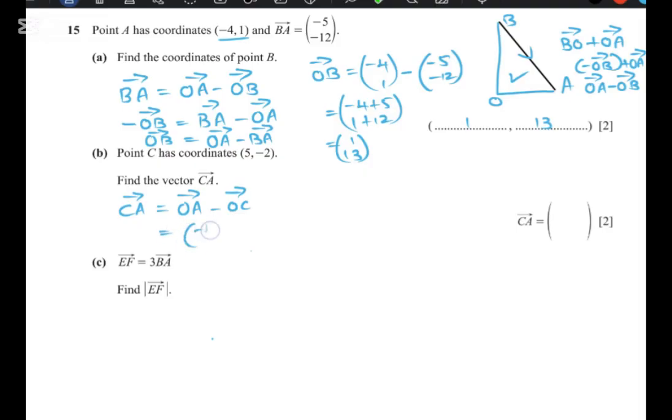OA is (minus 4, 1), and OC is (5, minus 2). Now minus 4 minus 5 will be minus 9, and 1 minus of minus 2 will be 1 plus 2, 3. So it is (minus 9, 3).